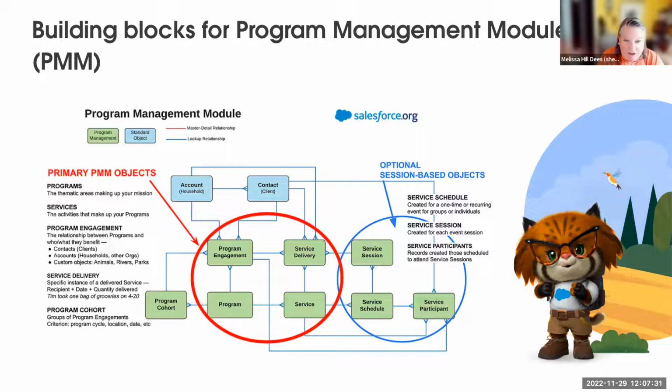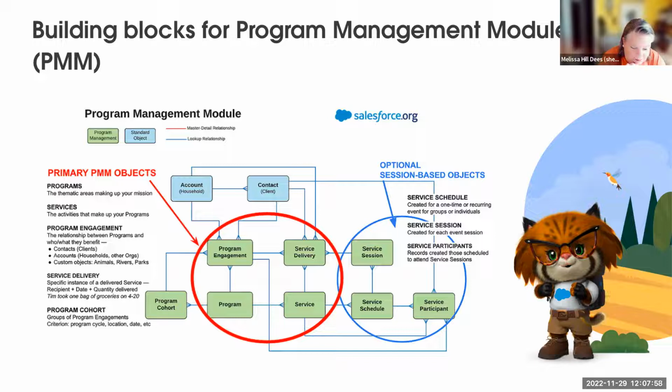This diagram looks fairly complex, and I don't know how big your screen is. When you actually get your hands on the slide deck itself, you can enlarge it and see it. But you'll see that the blue objects are the standard account and contact objects, and the ones in green are the 8 specific custom Salesforce objects that make up the program management module.